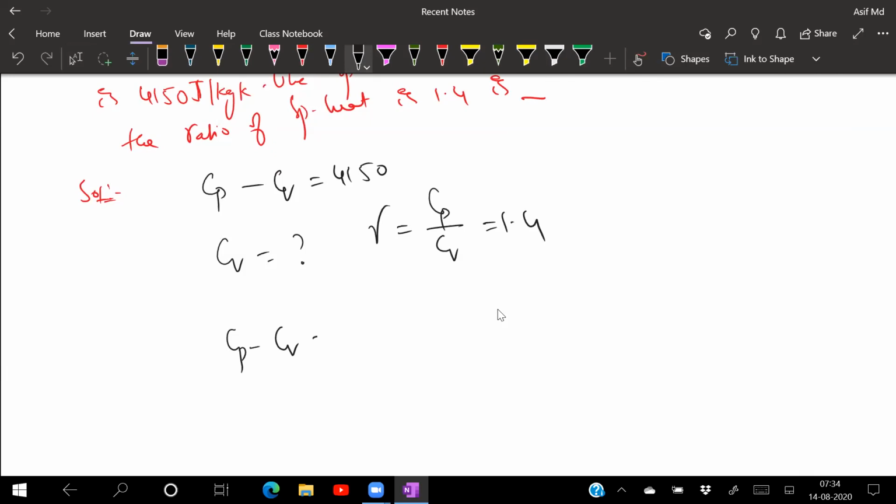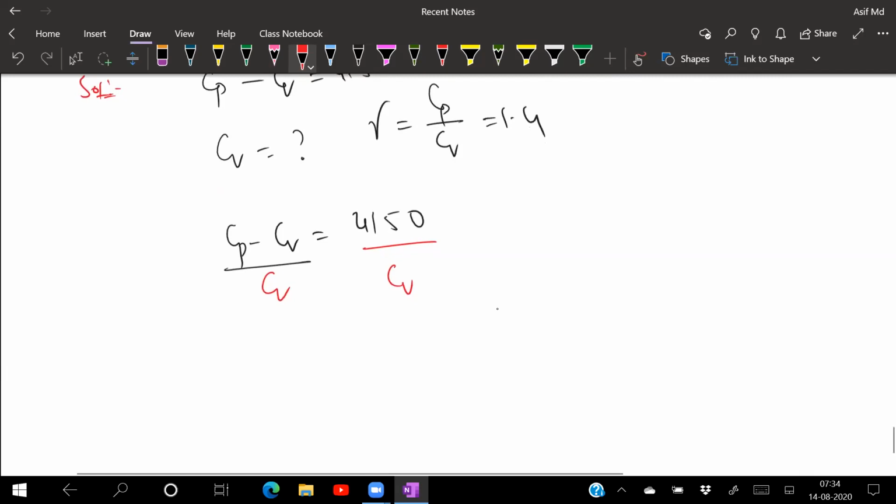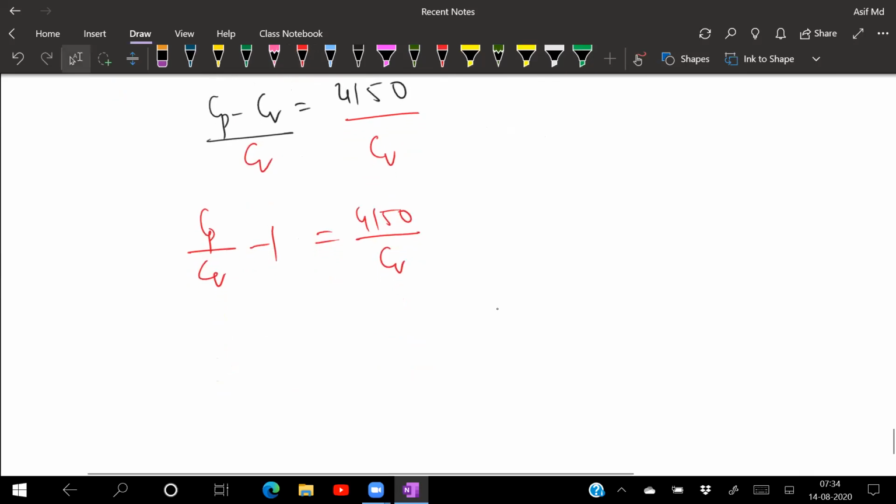We know the relation Cp minus Cv is equal to 4150. Divide by Cv on both sides, because Cp by Cv is given. So Cp by Cv minus 1 is equal to 4150 divided by Cv. Gamma minus 1 equals 4150 divided by Cv.